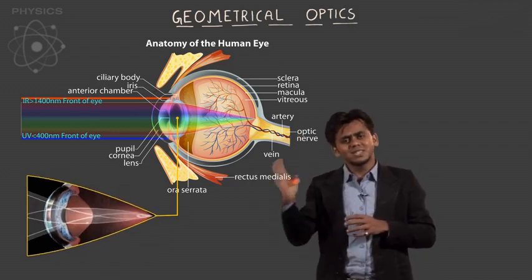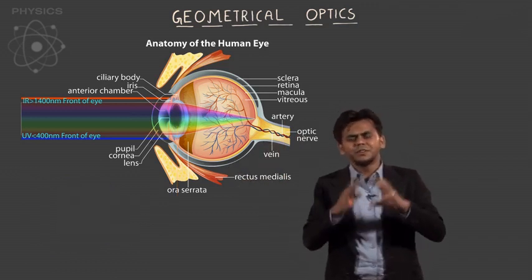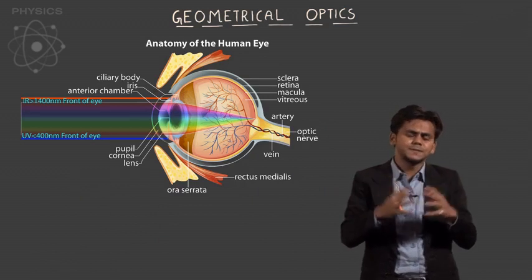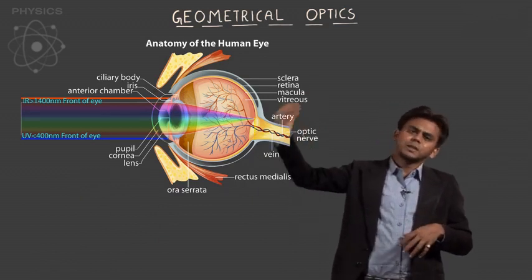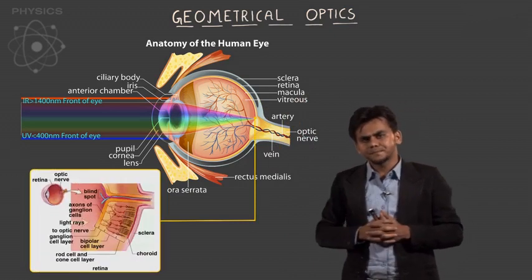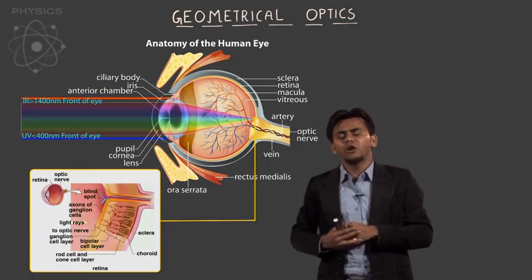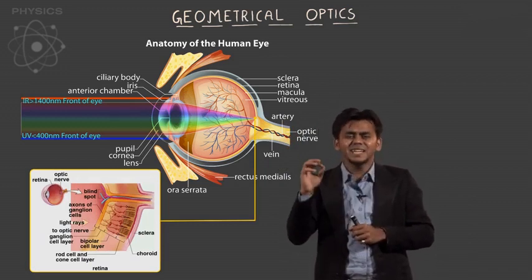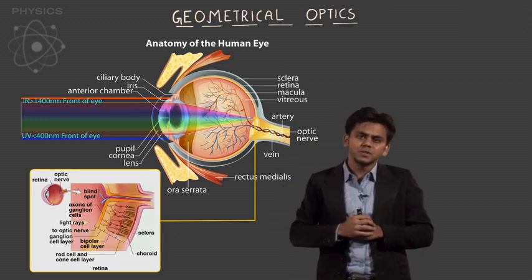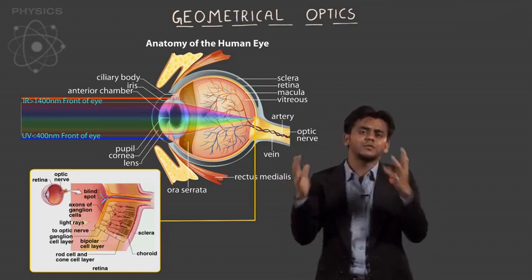Just after the crystalline lens, you have vitreous humor, another fluid substance. Further down, you would reach the retina, which is the screen of the eye. All the image formation is done on the retina, and the retina has rods and cones to detect the brightness and the color of the image.